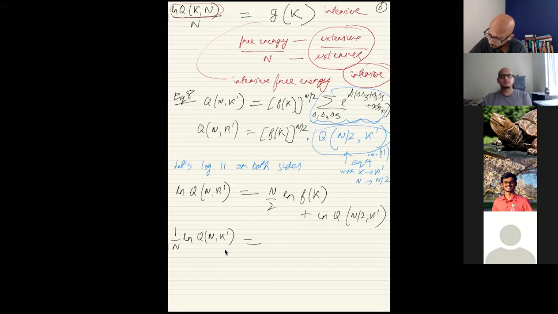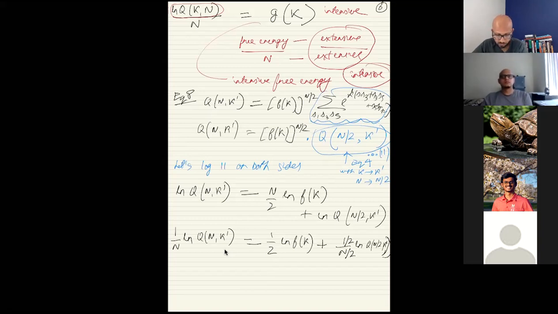Divide this one by n, that becomes half ln f of k, and this one I divide by n, ln q of n by 2 comma k prime, but here I have an n by 2, so let's multiply and divide by half, let's introduce an additional 2 in the factor.